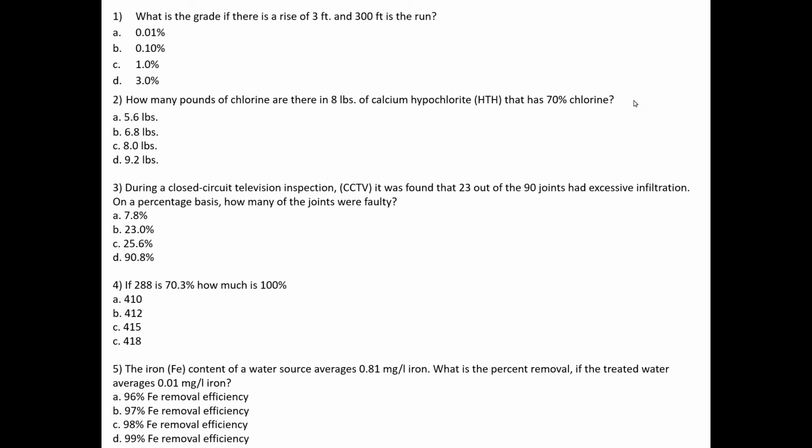It would be the same as if you had 8 pounds of powdered chlorine, which is what calcium hypochlorite is. Now they have 70%. This is a waterworks question, I think. It's 8 times 0.7. Exactly, Ron. You got it. And then you should have the answer. It's the same thing I was asking, what's the percentage of chlorine?